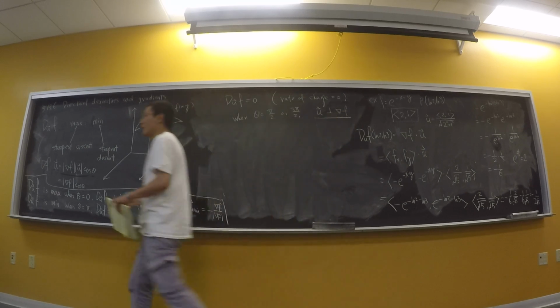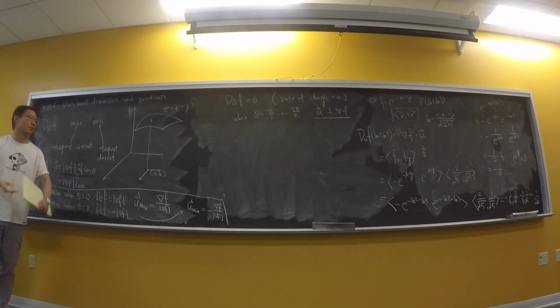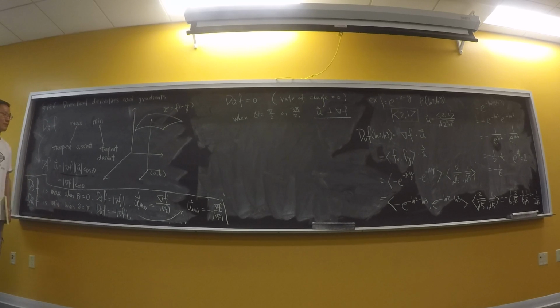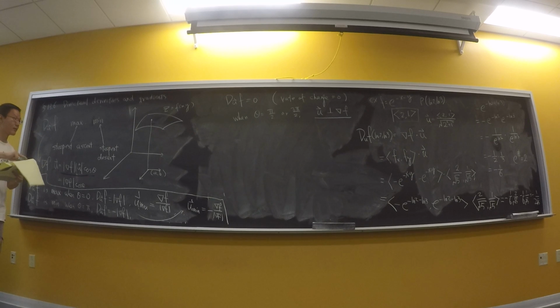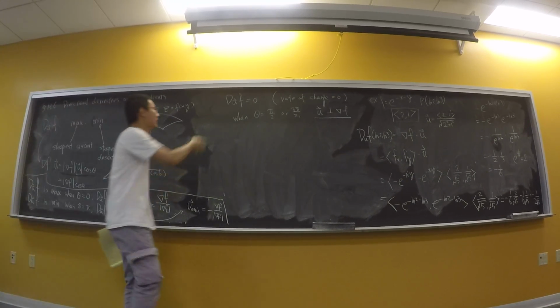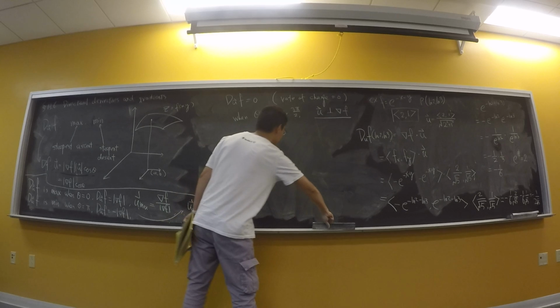That's the geometric meaning: the directional derivative vanishes as long as you go in the direction orthogonal to the gradient. The function value will not change at all. Okay, so let's practice one question, and then I want to look at this case more carefully.